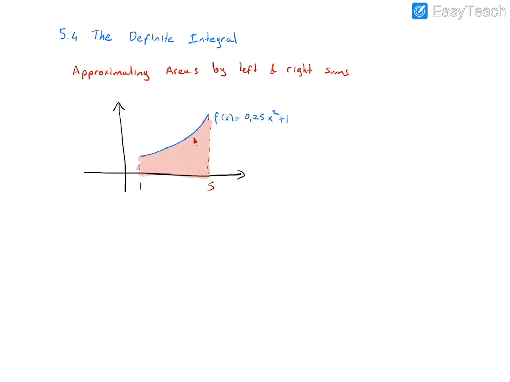This description is usually shortened to the area under the graph of f of x from x equals 1 to x equals 5.